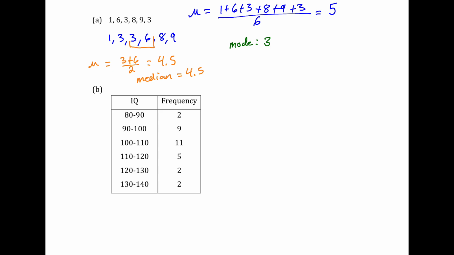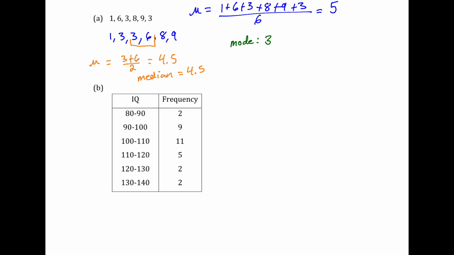So the first thing we need to do is get a total. How many numbers are there in this second one? I just got to go 2 plus 9 plus 11 plus 5 plus 2 plus 2. How many numbers are in my list? Because I need that to be able to calculate a mean or an average.